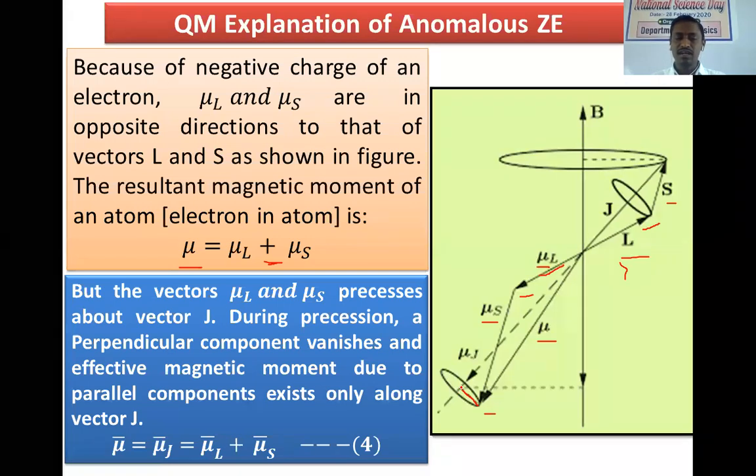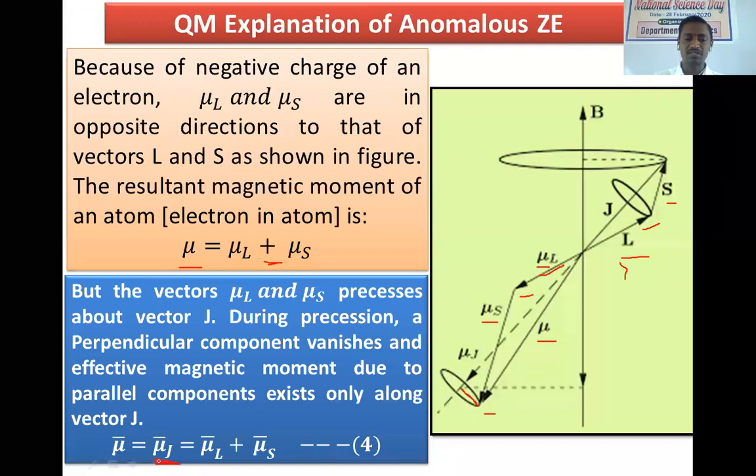So we can write mu J as the effective value of the resultant magnetic moment of mu L and mu S, by considering its precessional motion about vector J. Therefore the above equation, mu equals mu L plus mu S, can be written as mu bar equals mu J bar.